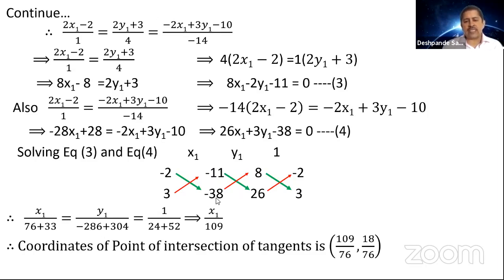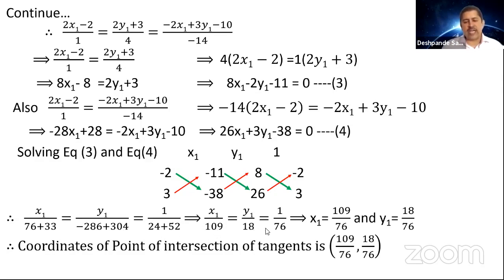Then minus 38 into 8 is minus 304, but in the opposite direction, so plus 304. Then 1 divided by 8 into 3, which is 24, and minus 26 into minus 2 is plus 52 in the opposite direction. So 76 plus 33 is 109, minus 286 plus 304 is 18, and 24 plus 52 is 76.